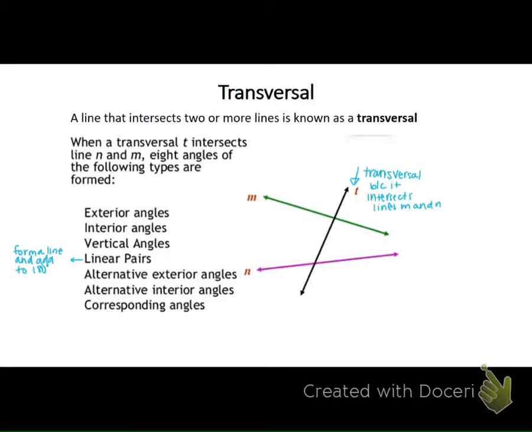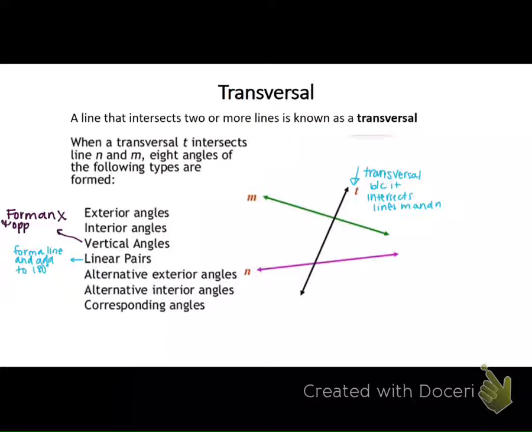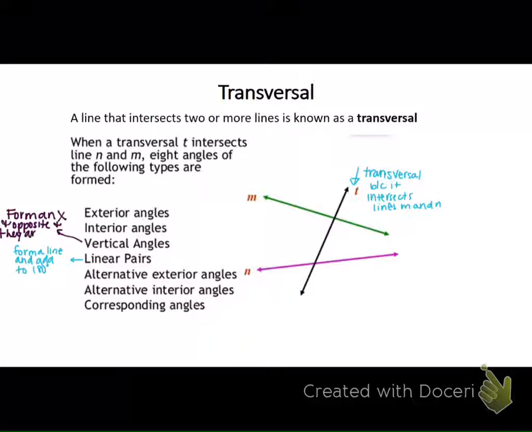What do we know about vertical angles? Who can tell me what a vertical angle is? They're congruent. They form an X and are opposite each other, and they are congruent. So those are two things you should already know. We'll talk about the other ones in the slides to follow.